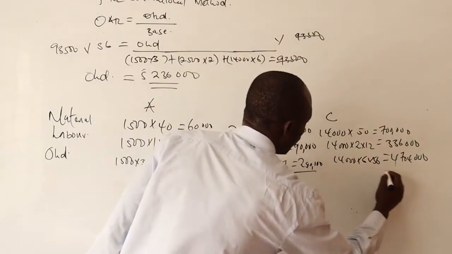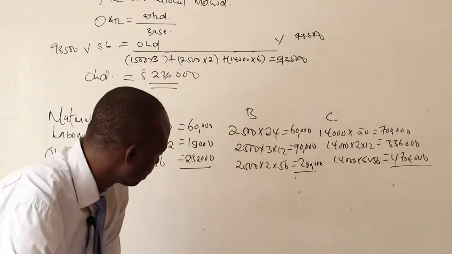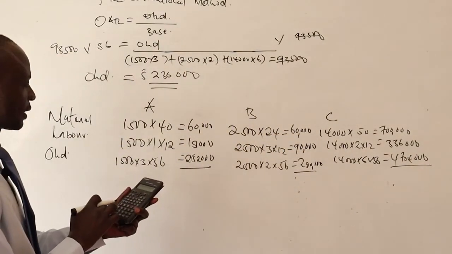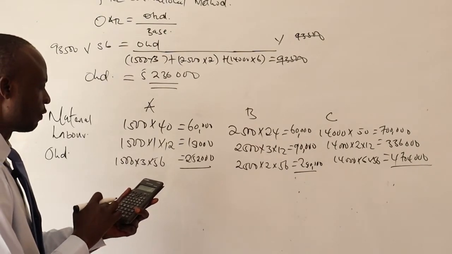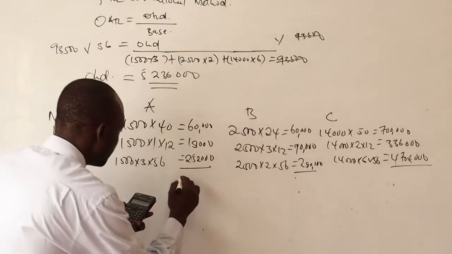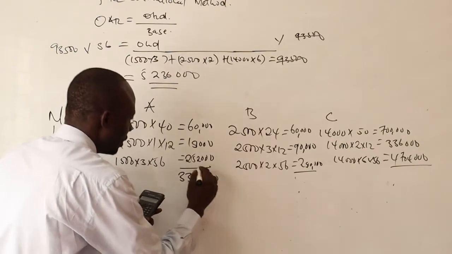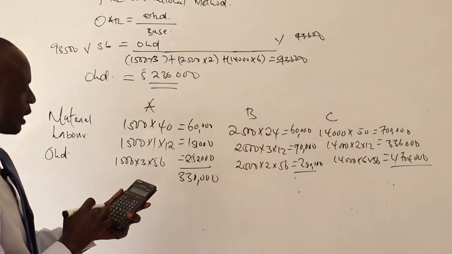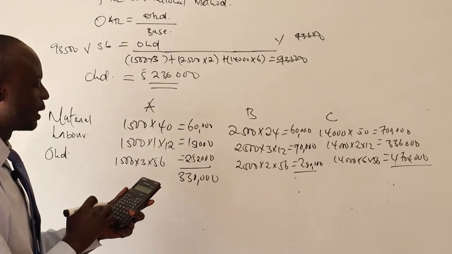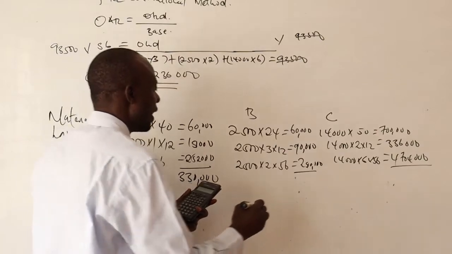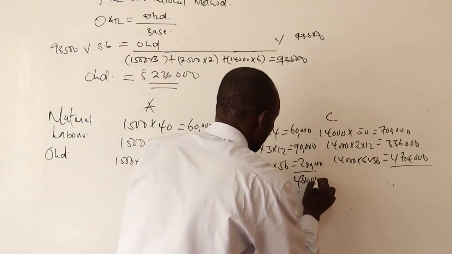So this one will be 60,000 plus 18,000 plus 252,000. So this one is 330,000, the total cost. Then 60,000 plus 90,000 plus 280,000. So we get 430,000.